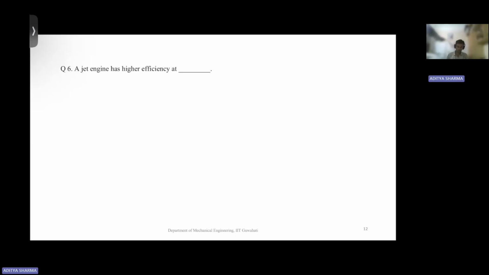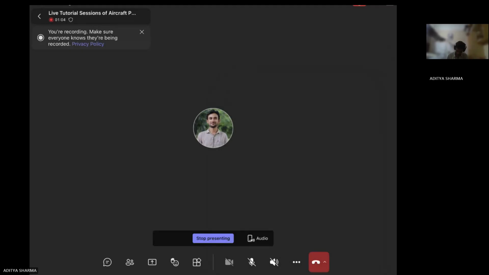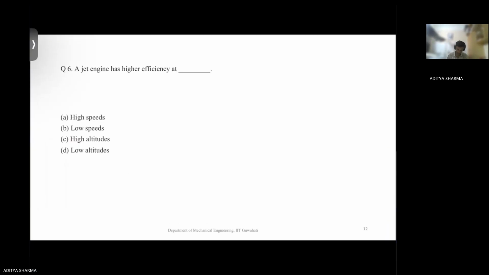I hope there is no doubt in it. So moving on to the next question, question number 6. A jet engine has higher efficiency at dash.